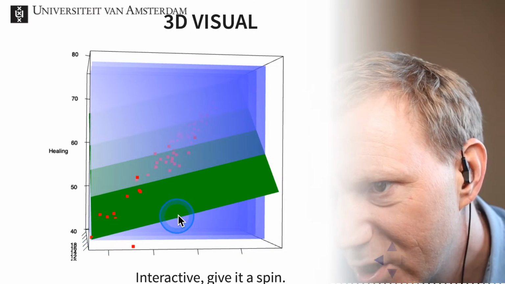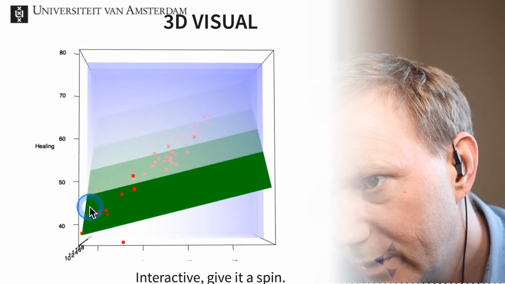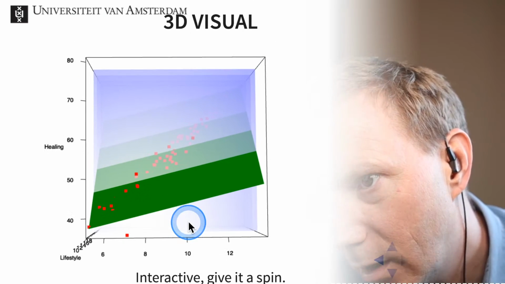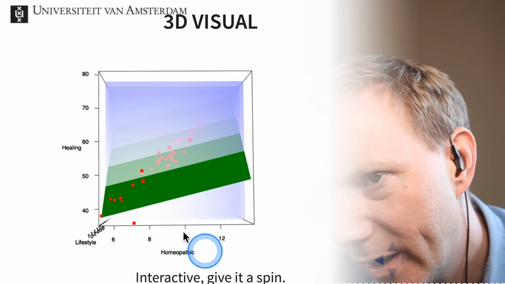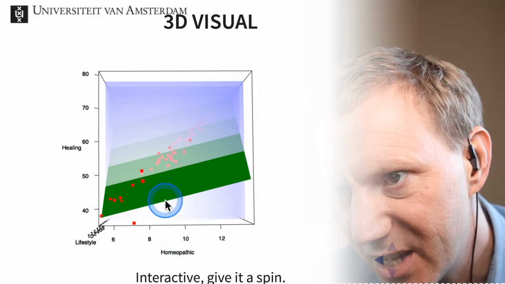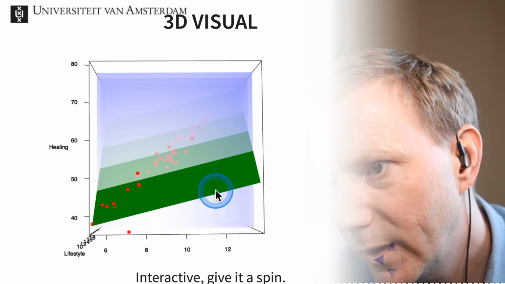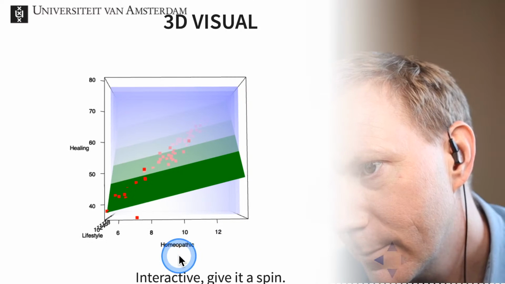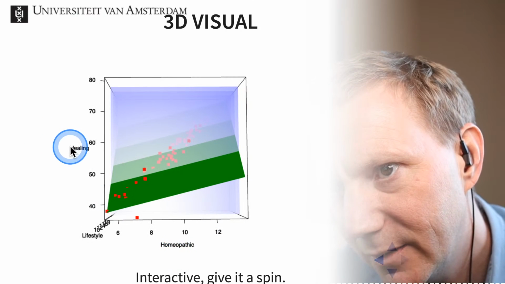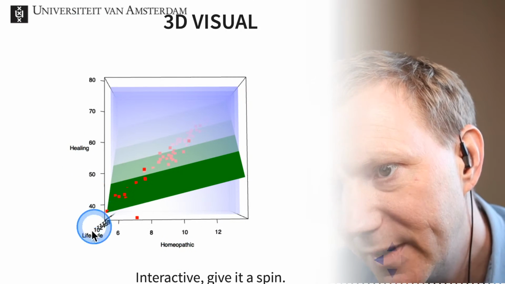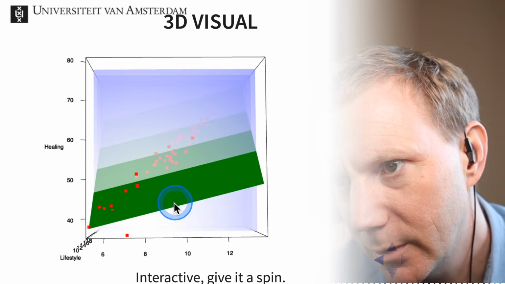It's the regression plane viewed from this angle, the angle of homeopathic use and speed of healing. This line is the relation between homeopathic use and speed of healing when we take healthy lifestyle into consideration.